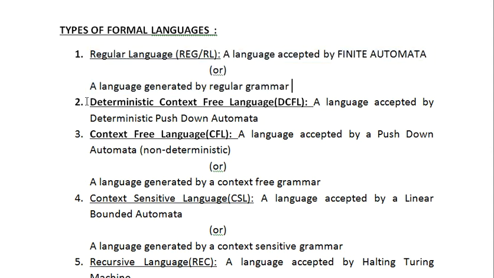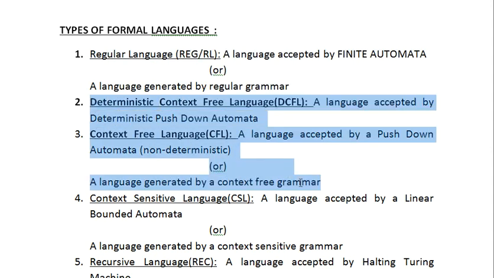Now the next type of language is known as deterministic. Actually these two and three are both almost similar. This is a part of context free language only. If we talk about acceptors in case of context free languages, we have two types of acceptors.